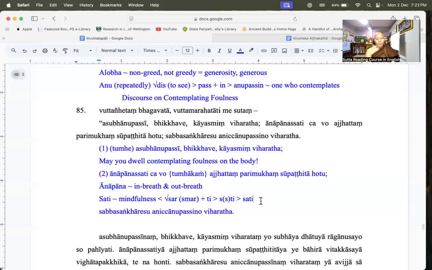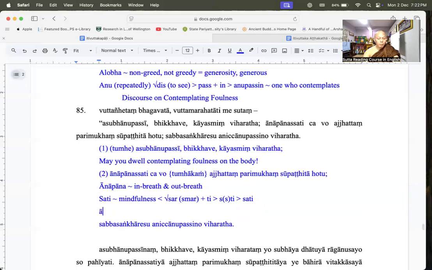So mindfulness of breathing. Mindfulness on breathing.